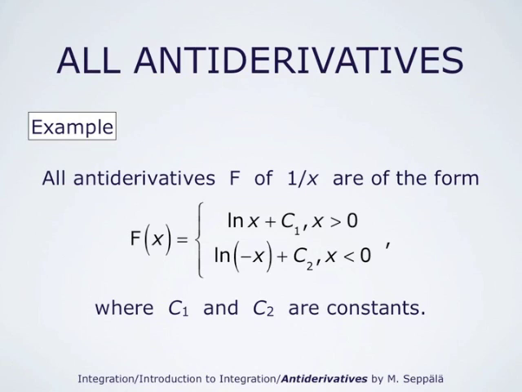So c1 and c2 are constants. They may be the same, but they do not need to be the same. Any function capital F of this form is an antiderivative of the function 1 over x, and this family of functions contains all antiderivatives of the function 1 over x.